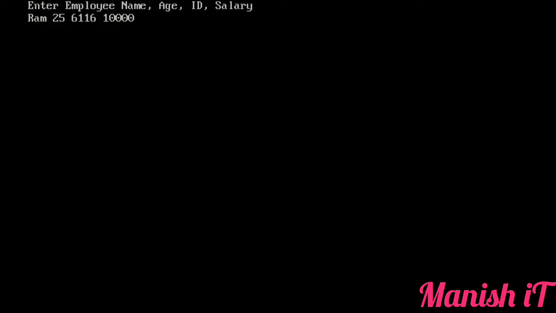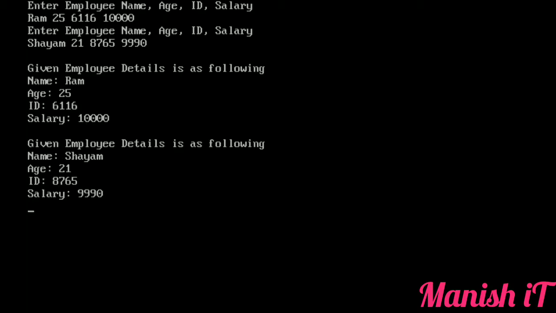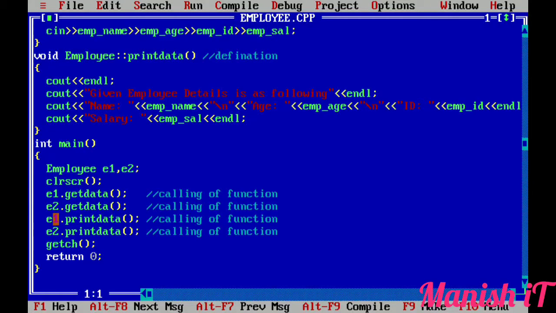The next employee is Sam, his age is 21, his id is 8765, and his salary is 9090. Whatever I have entered, the output is the same as the entered values, so our program is correct. Now see the next program.